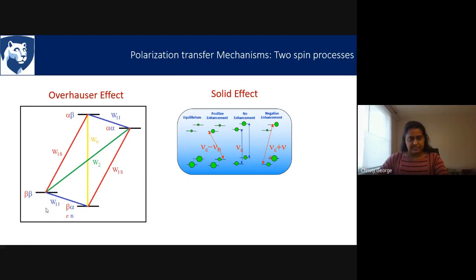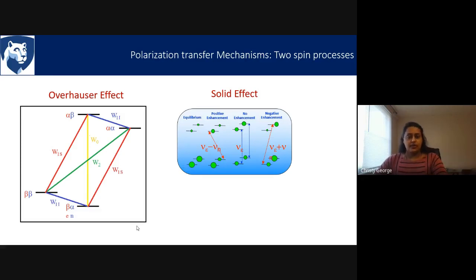Whereas the 2 transitions shown in yellow and green are known as multiple quantum transitions and are quote unquote forbidden. If you look at this green transition, the total change in the M value is 2 units, and it's known as the double quantum transition, whereas the one in yellow is a flip-flop transition. So the total change is 0, and hence it is known as a 0 quantum transition.